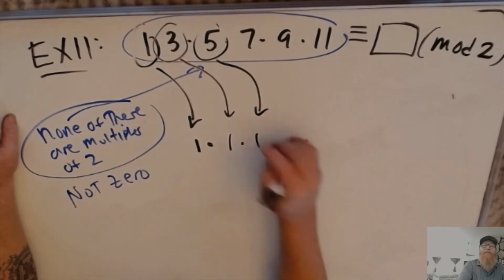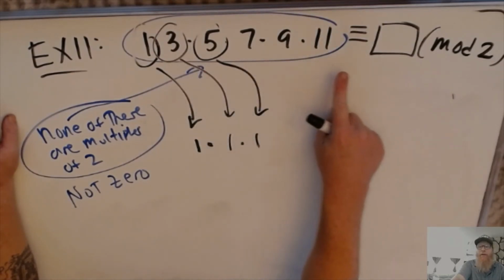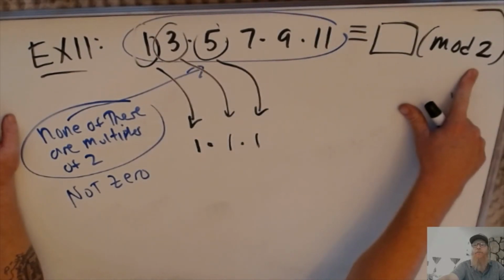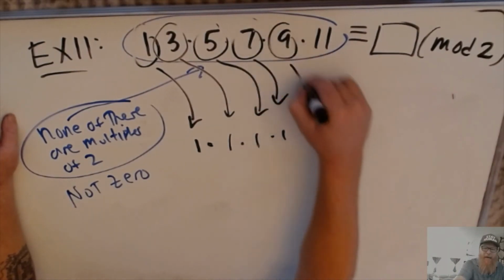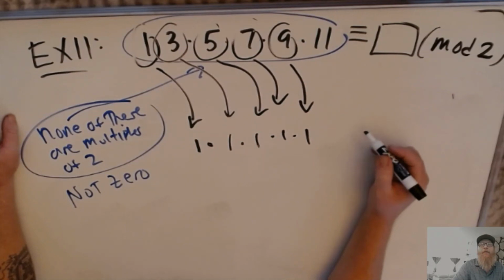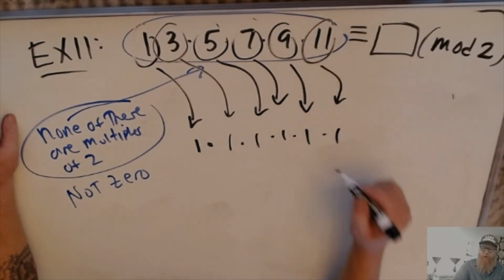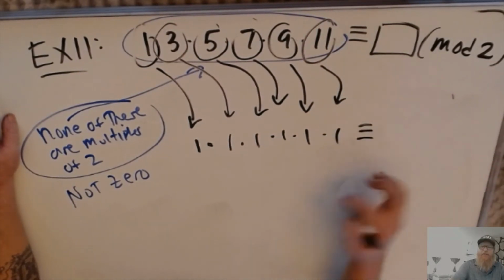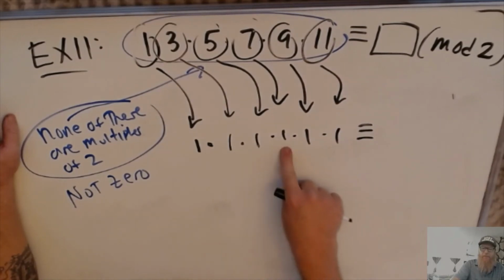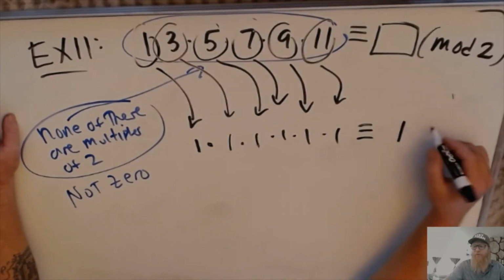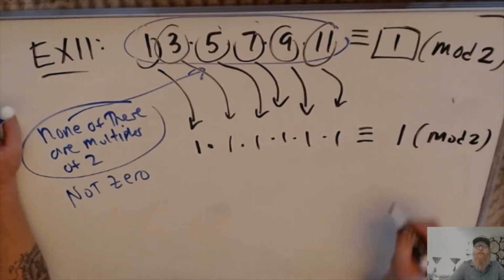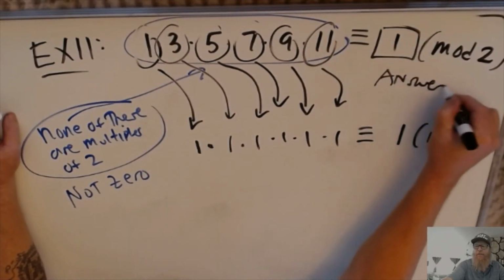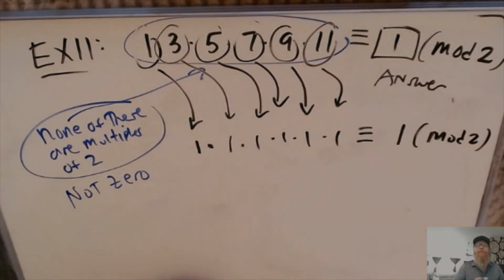In fact, these are all going to be equal to 1 if you're doing modulo 2. 7 is equal to 1. 9 is equal to 1. And 11 is equal to 1. So this literally says 1 times 1 times 1 times 1 times 1 times 1, which is equal to 1 mod 2. So the answer is 1.